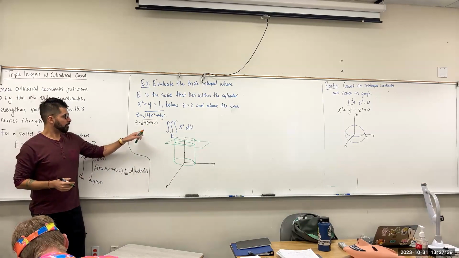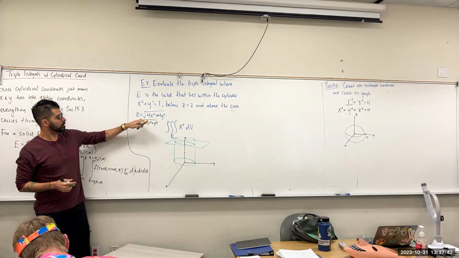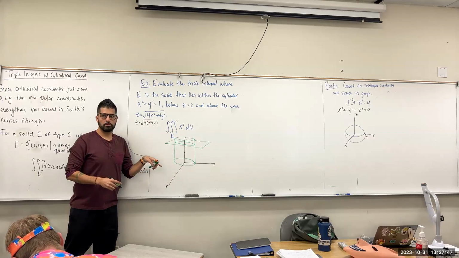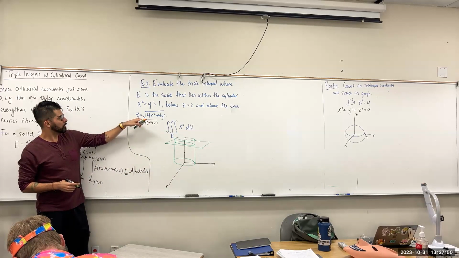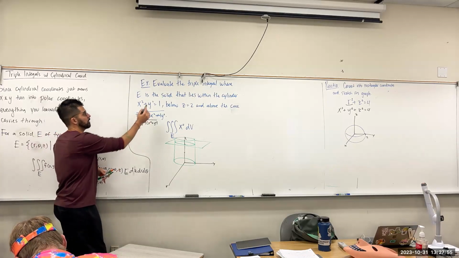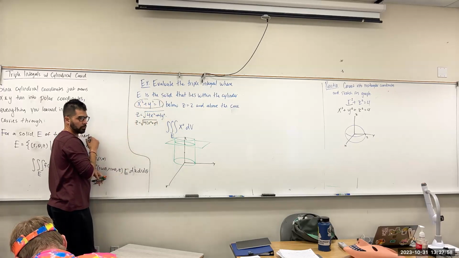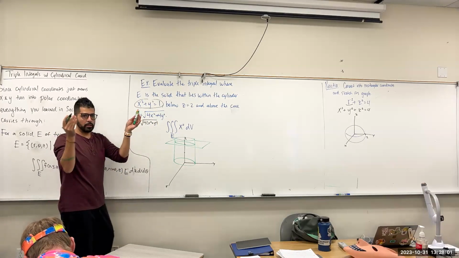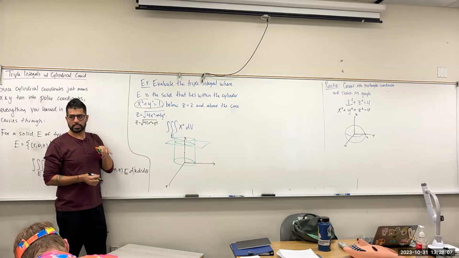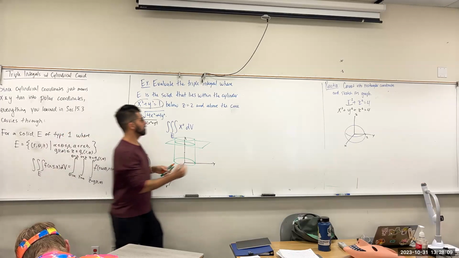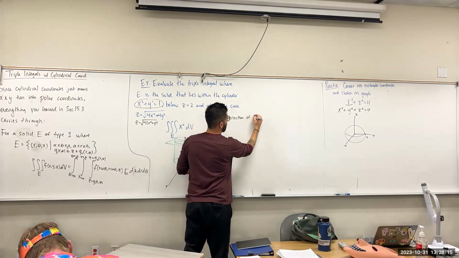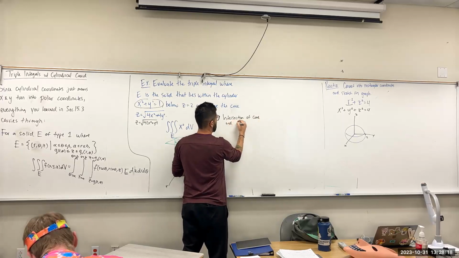Okay. So if I want to figure out where the cone intersects the cylinder, how can we figure that out? This is the cylinder equation, right? This is the cone equation. But when they intersect, what must be true about x squared plus y squared? So let's write this, intersection of cone and cylinder.